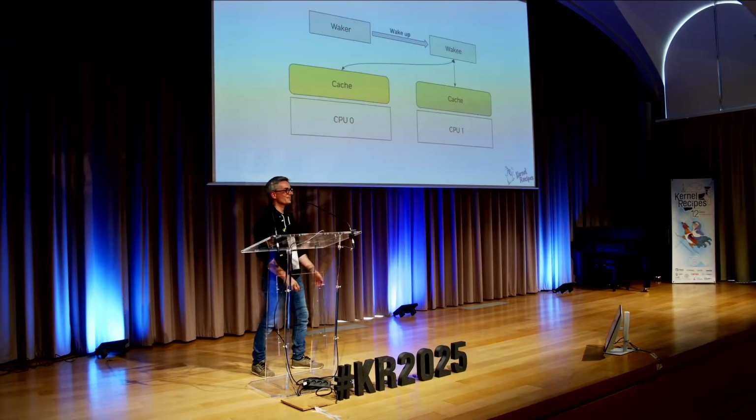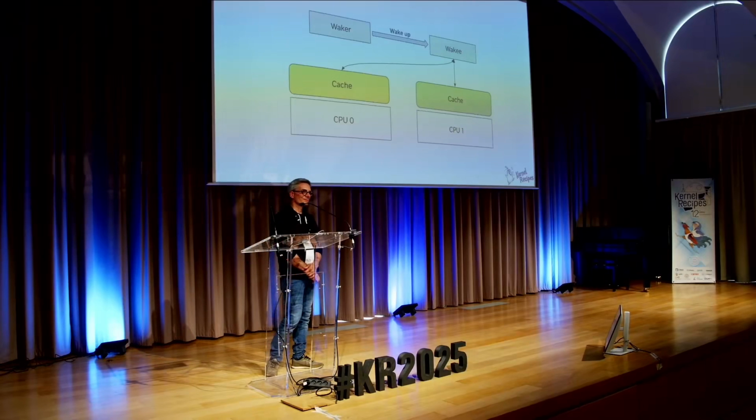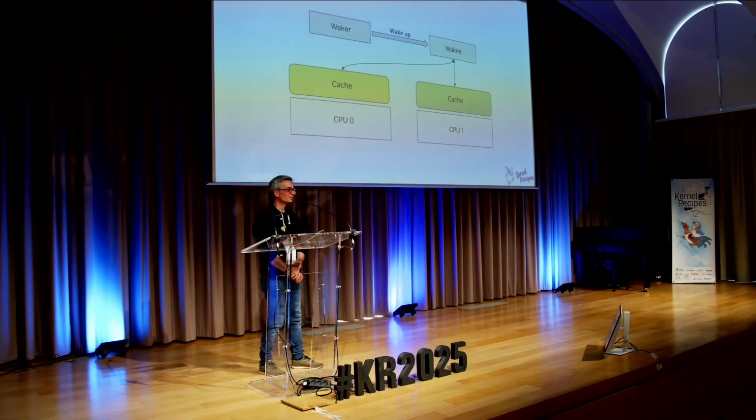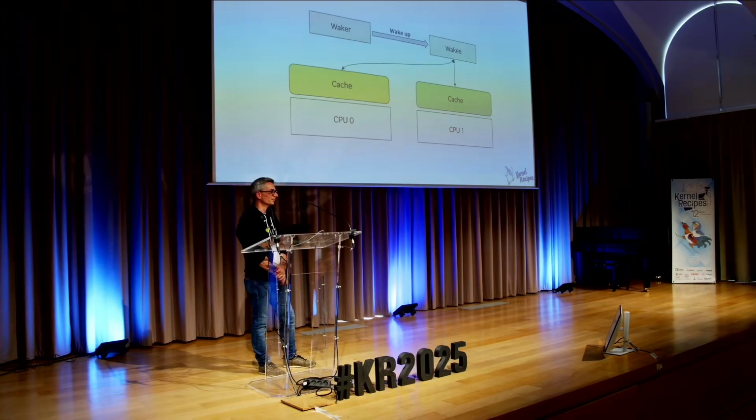I'm not sure. Okay. I loosely work with the team. I think we're trying to add features where user space can give a hint about what it's trying to do. Primarily it's about the waker itself giving a hint to the scheduler about what this thread is doing.